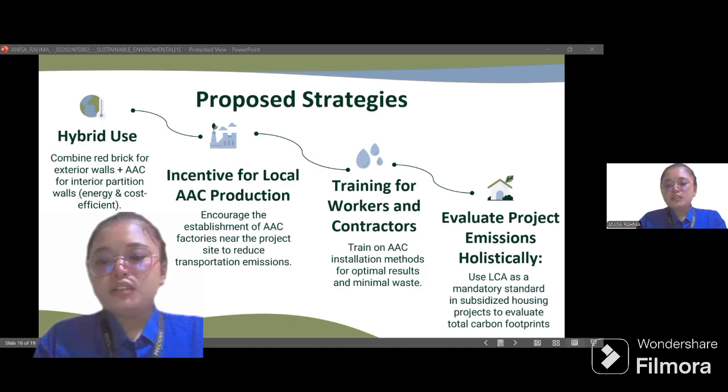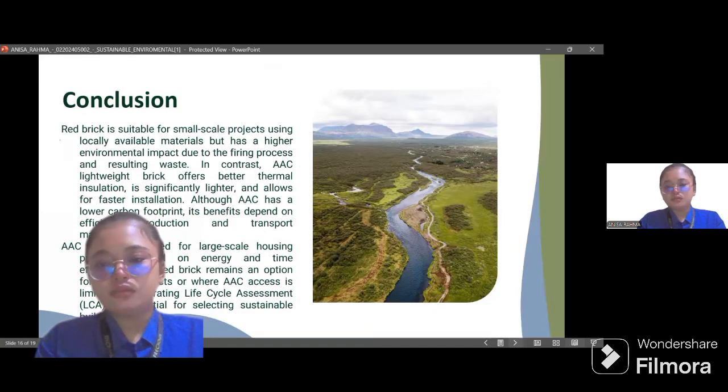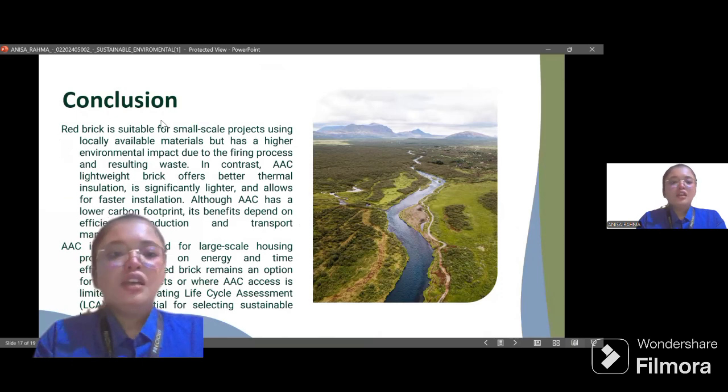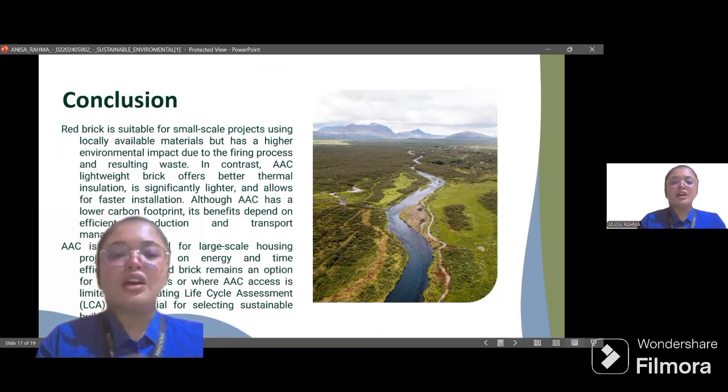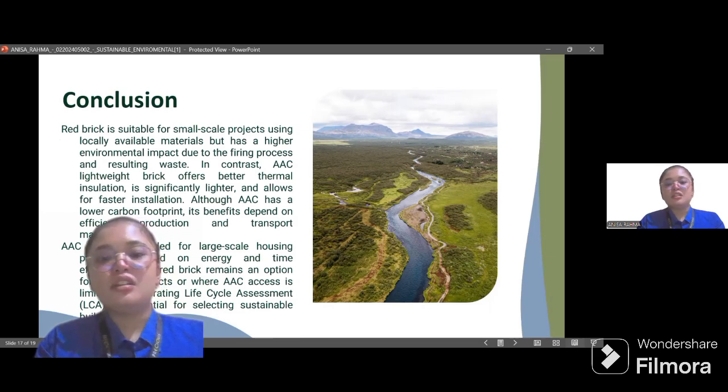The next part is we have the conclusion. Red brick is suitable for small-scale projects using locally available material, but has a higher environmental impact due to the firing process and resulting waste. In contrast, AAC offers better thermal insulation, is significantly lighter, and allows for faster installation.